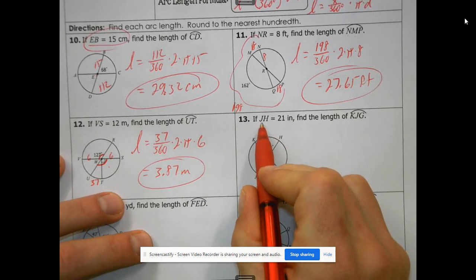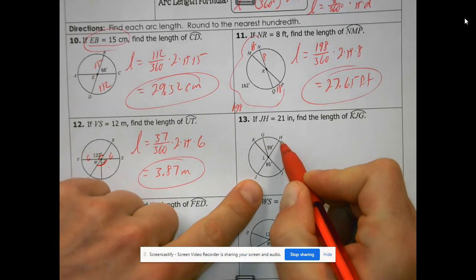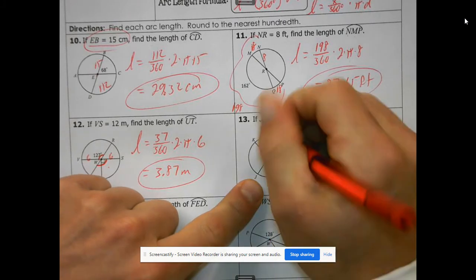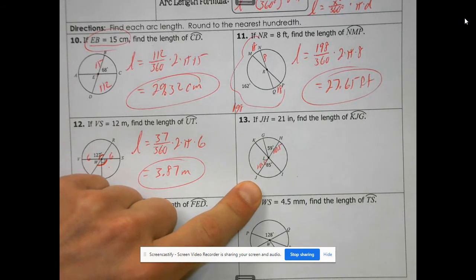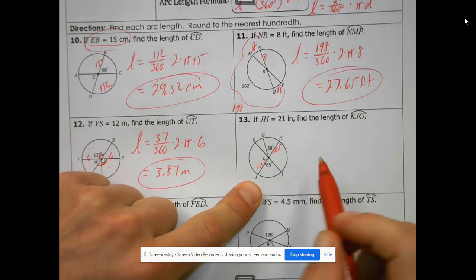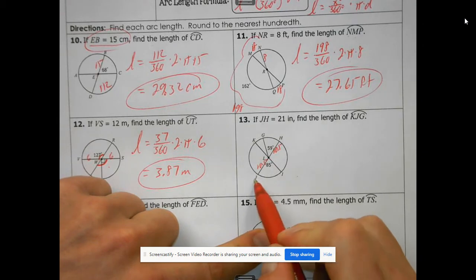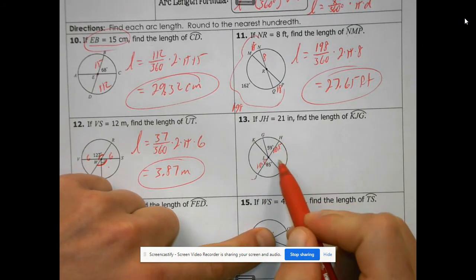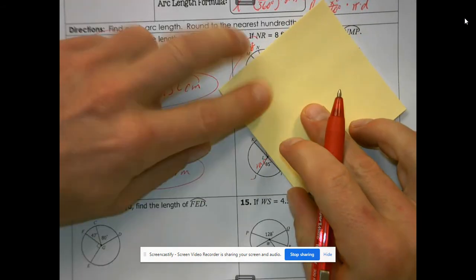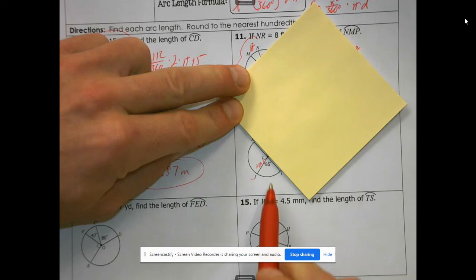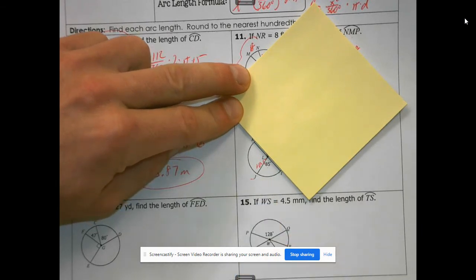Okay, let's see here. J to H is 21. So J to H is your diameter. If I cut that in half, that's 10.5 for the radius. Find length of K to J to G. Oof, I got to fill in some pieces over here. You can do this. Straight line, 180. Take 180 minus the 85, 95.